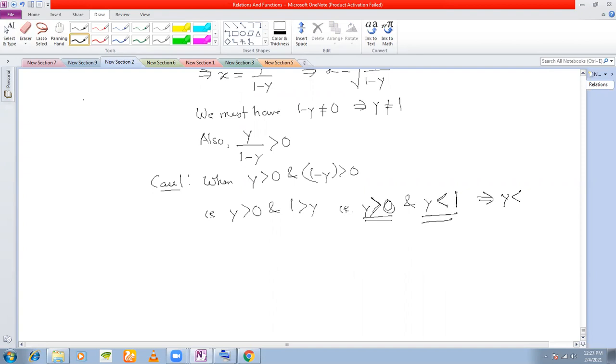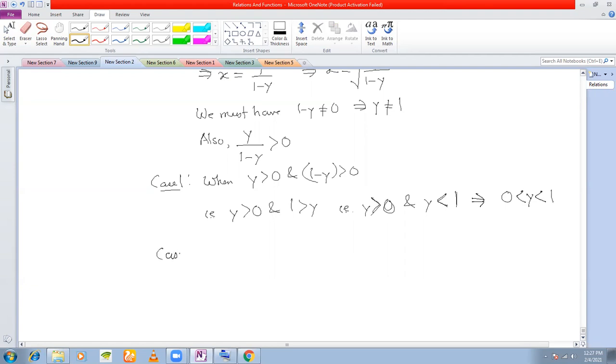Is it possible for these two conditions to be satisfied at the same time? If you combine them, y is greater than 0 and y is less than 1. Yes, it is possible, when y lies between 0 and 1.